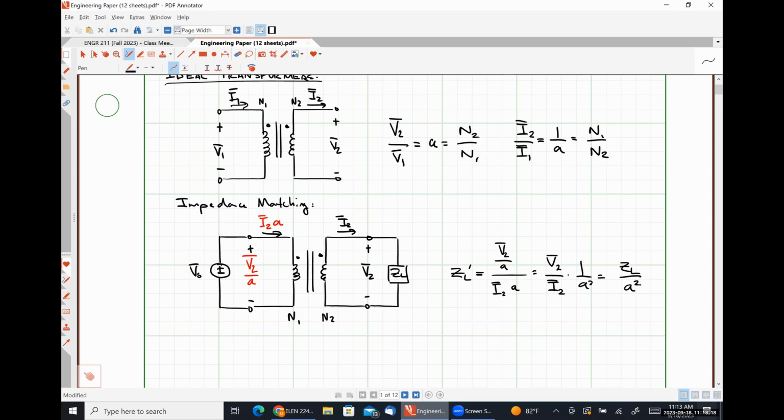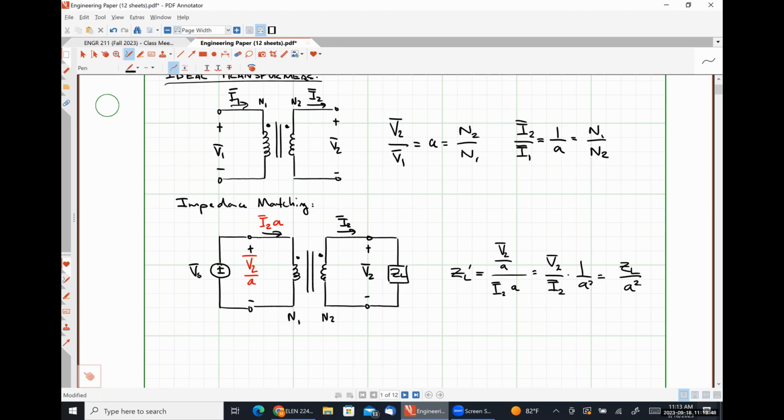So if A is a very large number, so greater than 1, meaning that we have a step-up transformer, then the impedance at the secondary that's reflected to the primary is quite small. If, on the other case, we have a step-down transformer, so N1 is greater than N2, when we reflect the impedance, it looks very large, right?